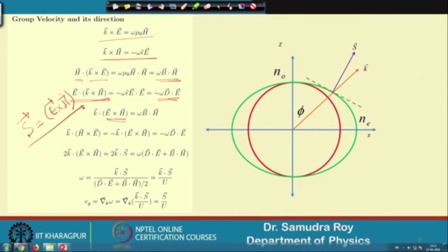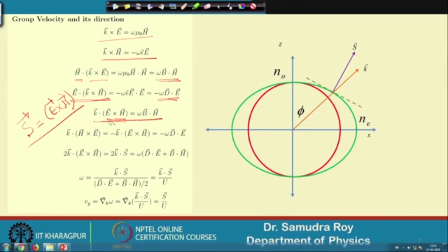So, k dot E cross H, we have this equation A dot B cross C. A dot B cross C, I can write as B dot C cross A. If I do B dot C cross A, then we have this equation.